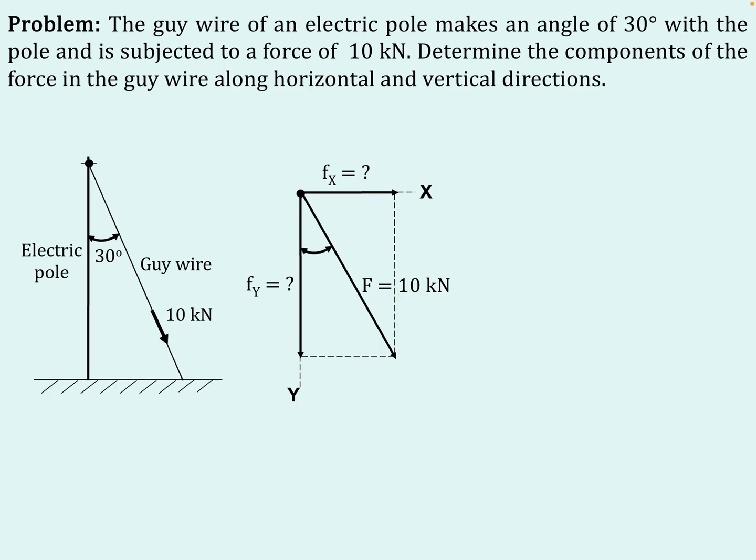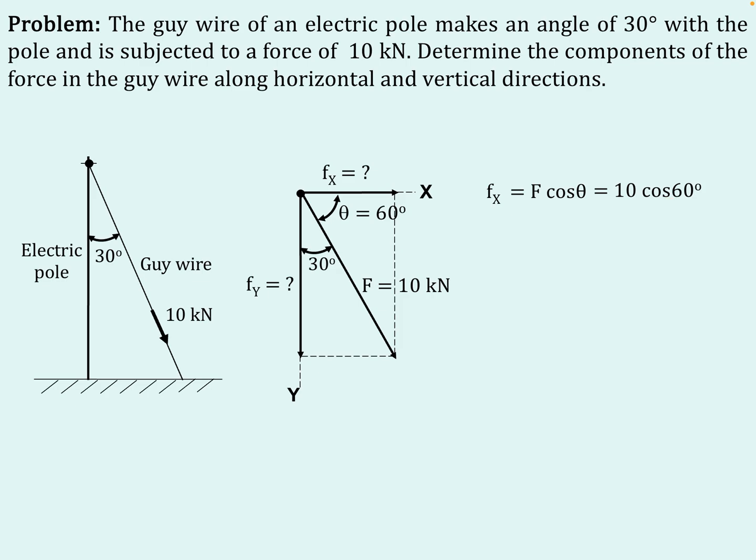And here in this case, the angle is given as 30 degrees. But for us, we always consider the angle made by a force with the horizontal or x-axis. So we call it theta. And definitely theta is nothing but 60 degrees, the complementary angle of this 30 degrees. And we already have the same functions to calculate Fx and Fy. Fx is nothing but F cos theta, where F is 10 and theta is 60 degrees.